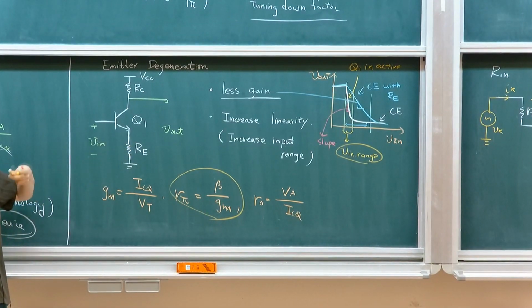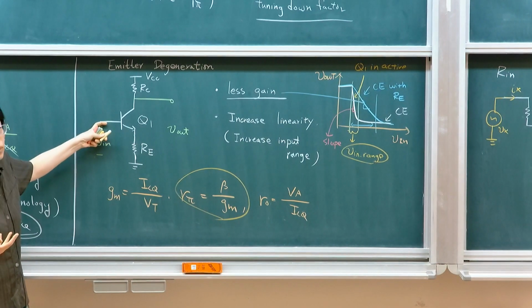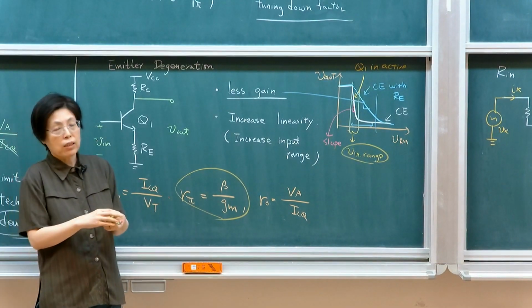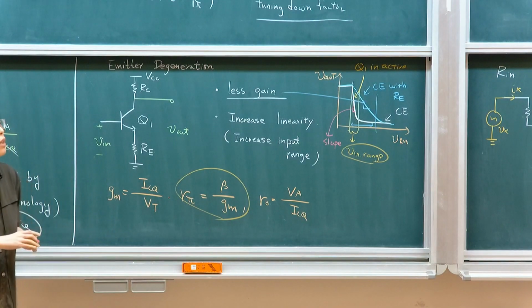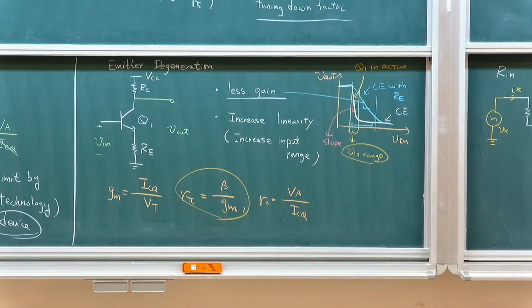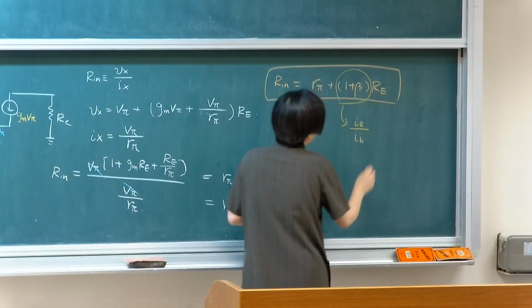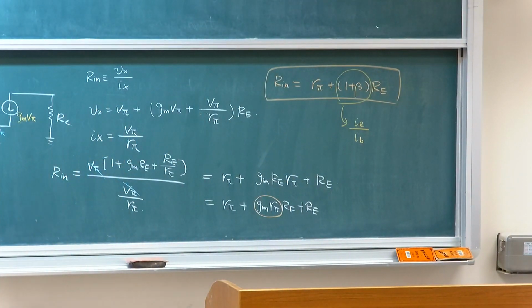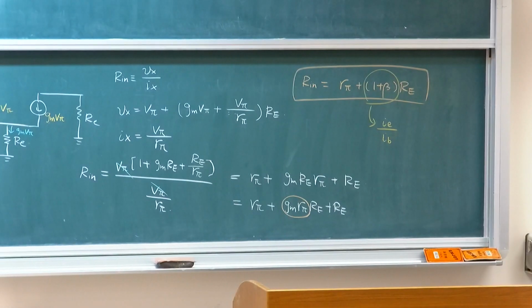Therefore, because the current is much lower here, the effective resistance will be boosted by 1 plus beta times. This simply reflects the ratio of emitter current and base current, being amplified by the ratio between the current at the 2 terminals. Okay?